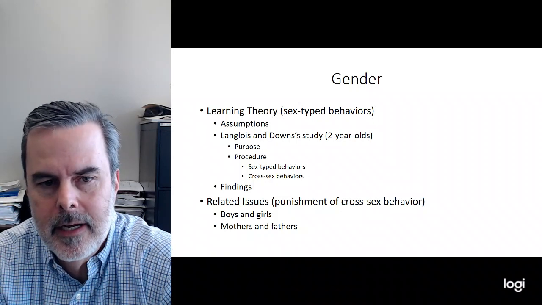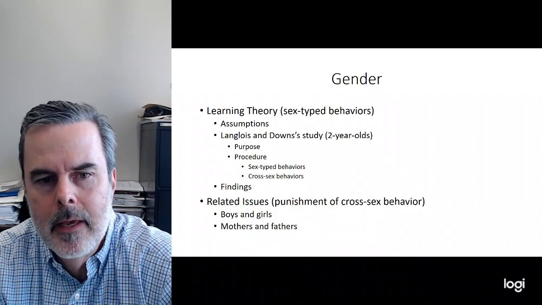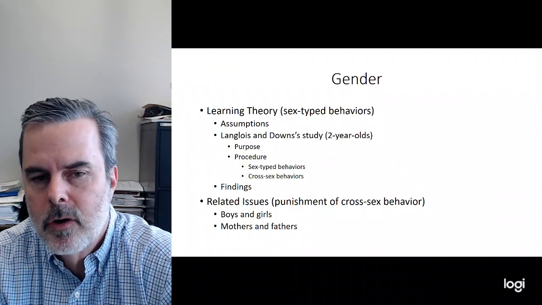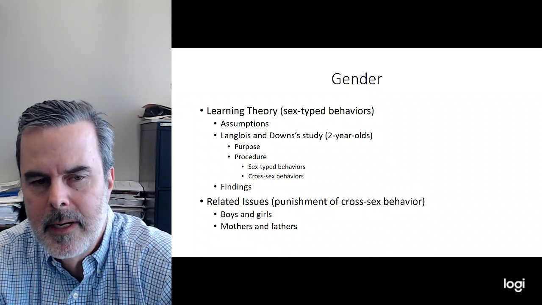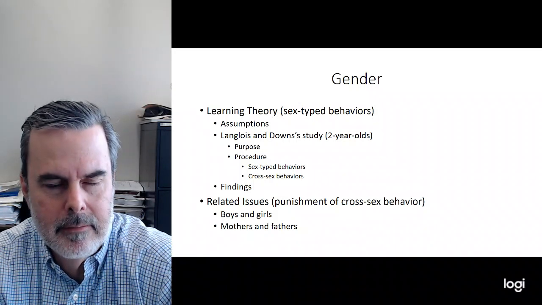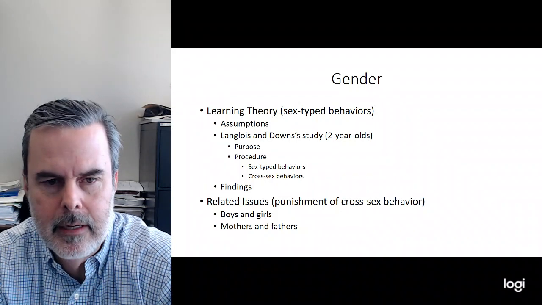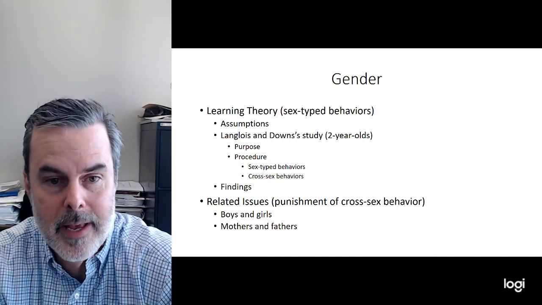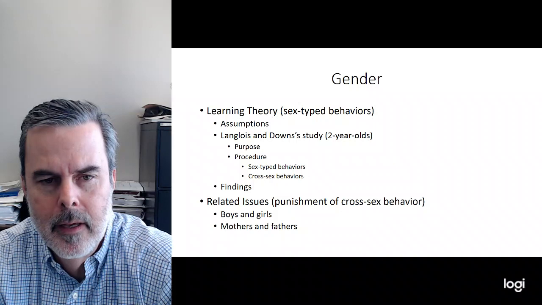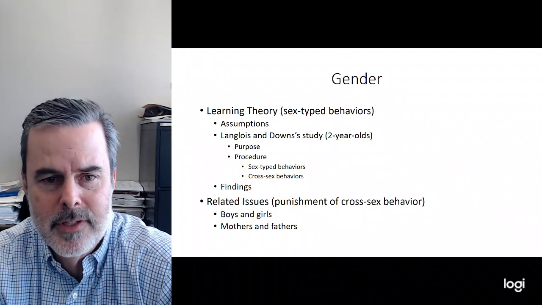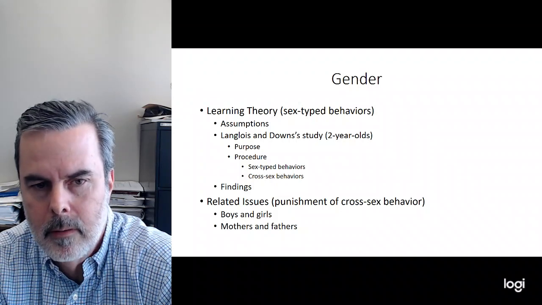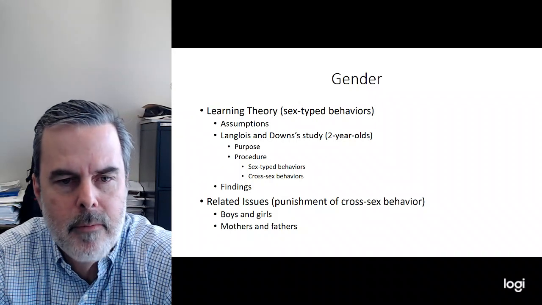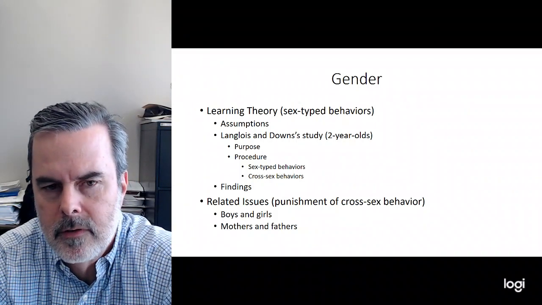And the second assumption that was tested was that parents would punish kids who exhibited cross-sex behaviors, or who exhibited behaviors that were not consistent with sex-type behaviors and who were effectively behaving in a way that was typical of the opposite sex, as when, for example, a boy might be behaving in a way that was considered appropriate for a girl, or a girl behaving in a way considered appropriate for a boy. Okay, so that was the purpose, to test the assumptions of learning theory.